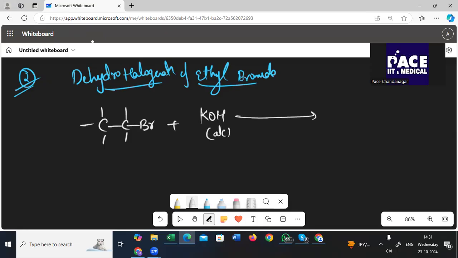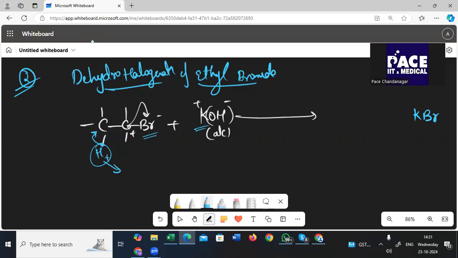What happens here? Alcoholic KOH gives K plus and OH minus. Br comes out as Br minus, and this has the plus sign there. I'm not telling you much about the mechanism here. Bromine comes out with K, so that turns out to be your KBr, K plus and Br minus. Then OH minus has to go with 1 H plus, so hydrogen here also goes away as H plus, leaving its electron here and going out as H plus.